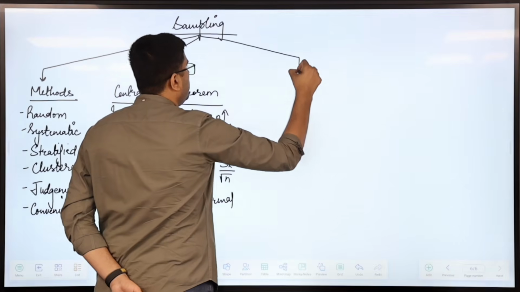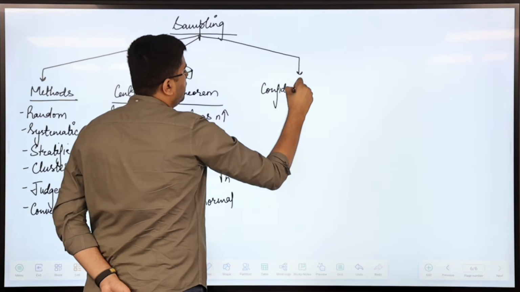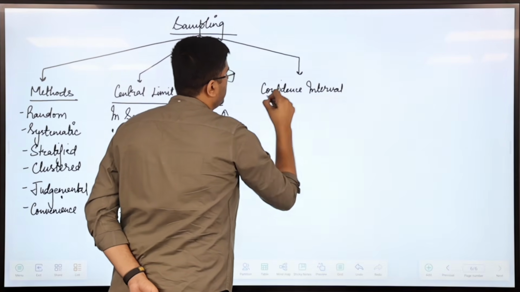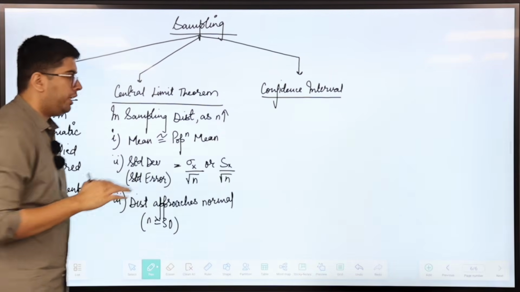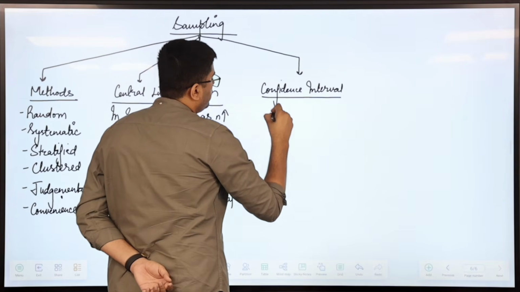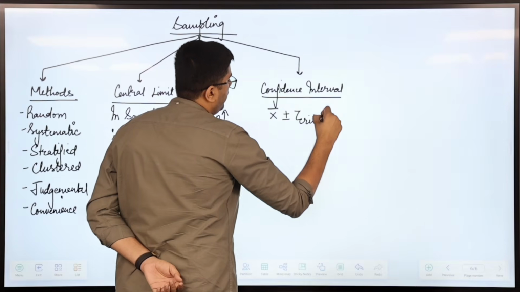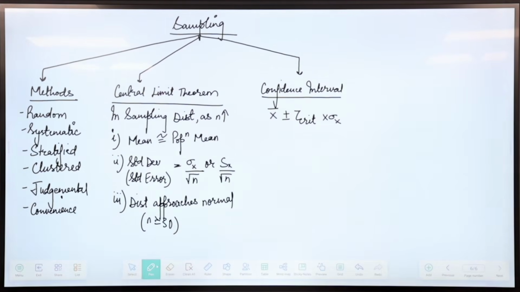Then based on this, we had a calculation topic, confidence interval. Confidence interval can be calculated in 3 different variations. So most basic calculation is mean plus minus Z critical into standard deviation. This is what you will use if a single data set is provided to you.